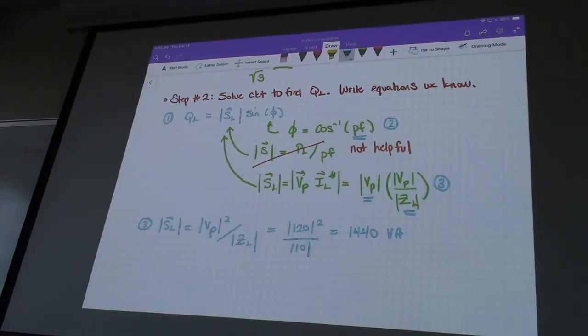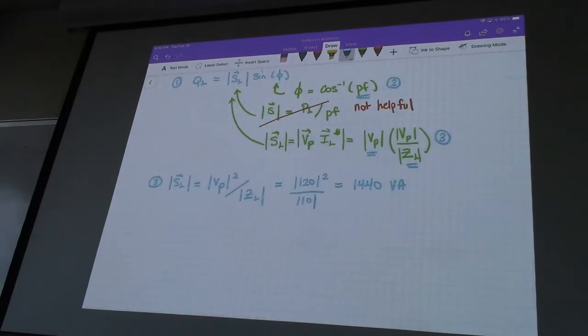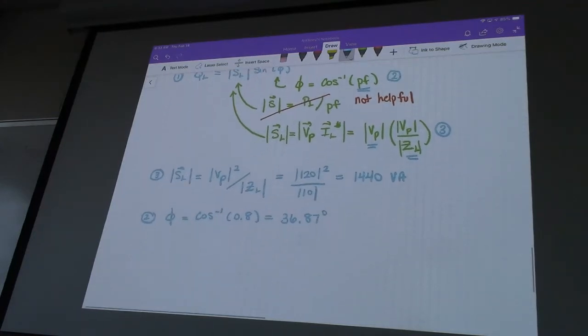Then we have equation 2, and the power factor angle will be the inverse cosine of 0.8, and so the value for that is 36.87 degrees. And now we can go ahead and plug this all back into equation number 1.